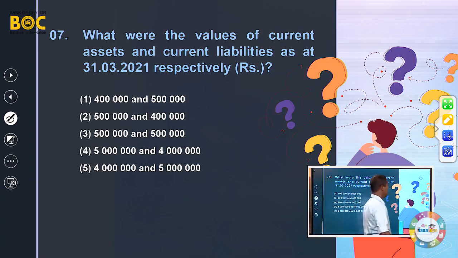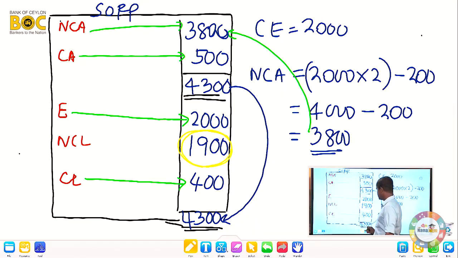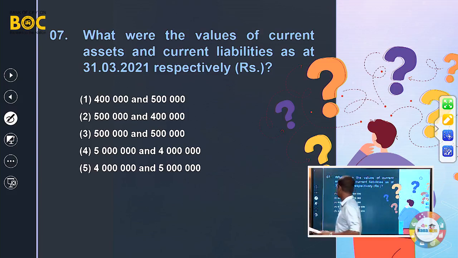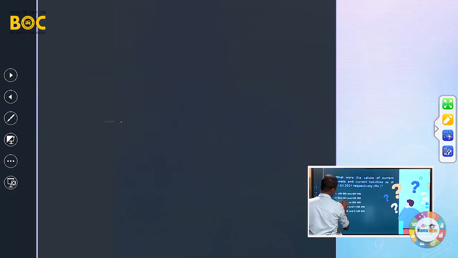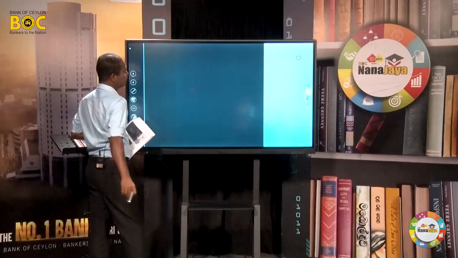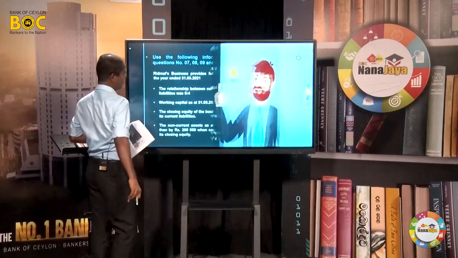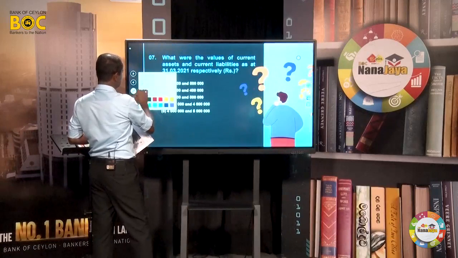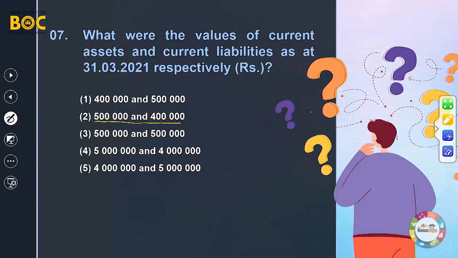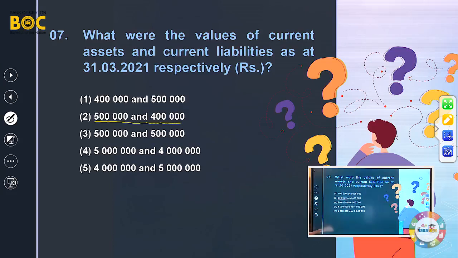In the financial position, we did in thousands: current assets 500,000, current liabilities 400,000. The answer is number 2.